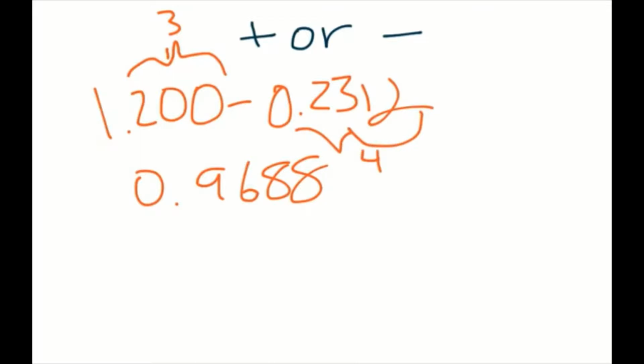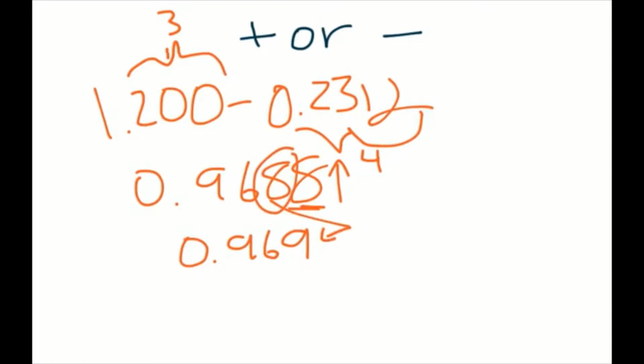So we choose the lesser of the two, which is 3 decimal places, and our final answer will be 0.969. Note how I rounded up since the 4th decimal place is 8, so it goes up, and thus this is a 9, as shown right there.